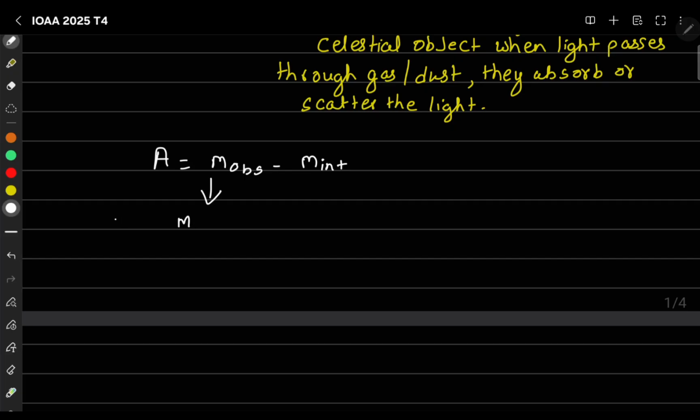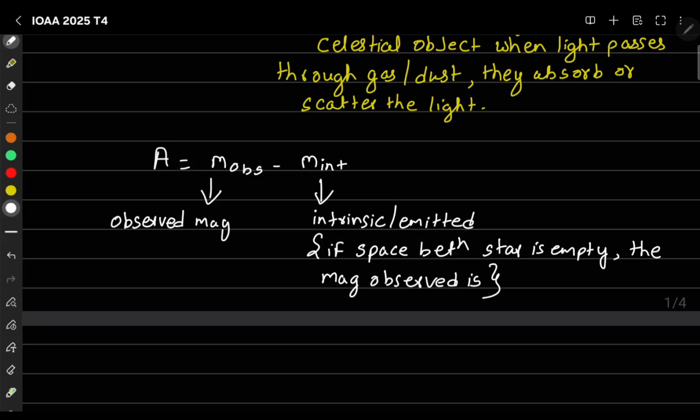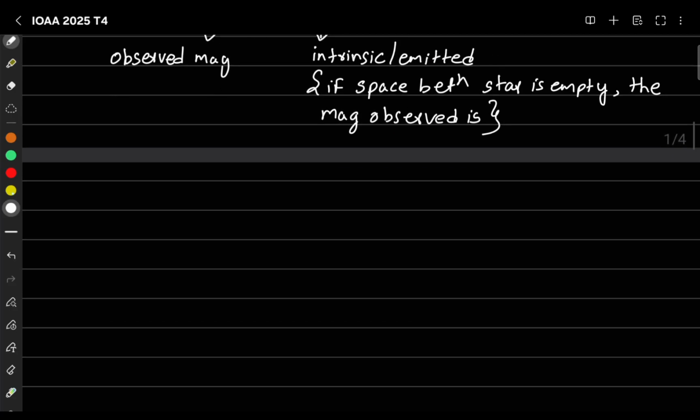This is the observed magnitude, and this is the intrinsic, or emitted, magnitude: if the space between my star and me is empty, then the magnitude I observe is the intrinsic one, the emitted magnitude when no ISM or other material is present.